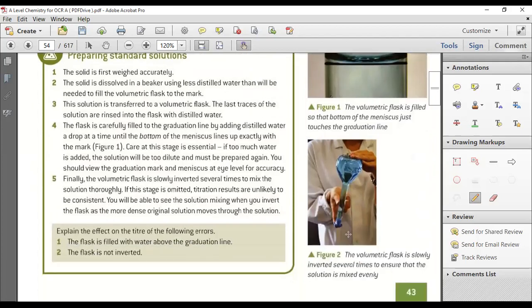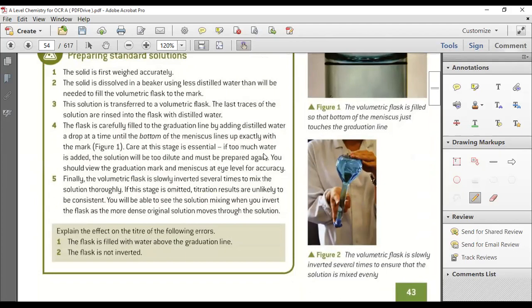No, this is not the volumetric flask. This is a flat bottom flask, though you can say it is also volumetric because it has some sort of marking on it. Now basically, what is a volumetric flask? It can be 100 ml, 200 ml, 250 ml, 1 liter.